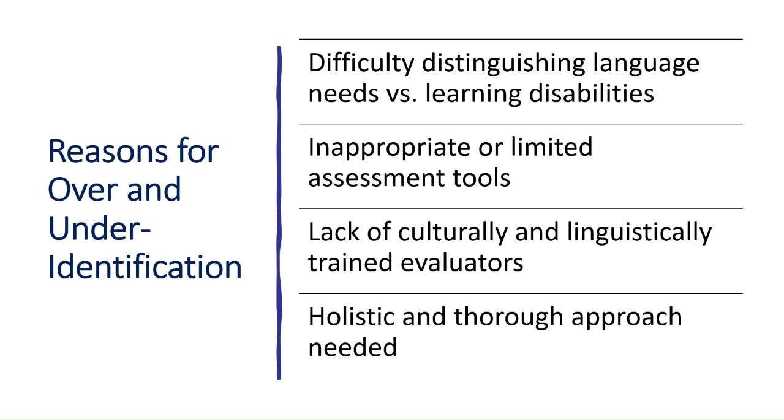Now, at the same time, as we discussed, some schools may hesitate to refer English learners because they want to avoid misidentification. So it is extremely important to evaluate students using a holistic and thorough approach. Okay, so this means looking at the whole child, not just test scores or classroom performance. We will discuss this later, but the process should involve communicating with parents and understanding the students' cultural and educational backgrounds.